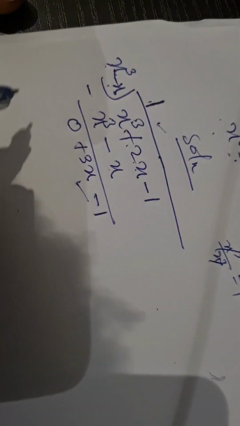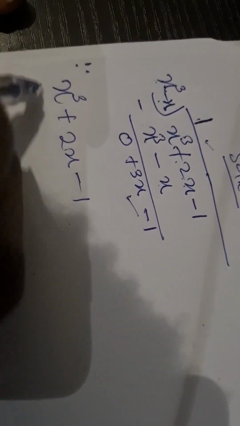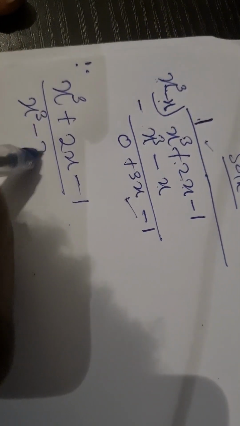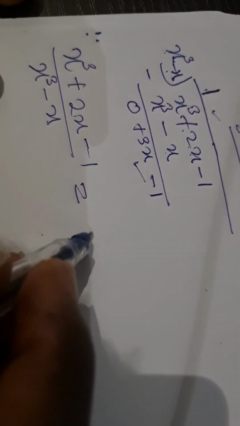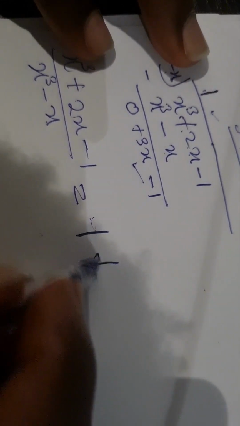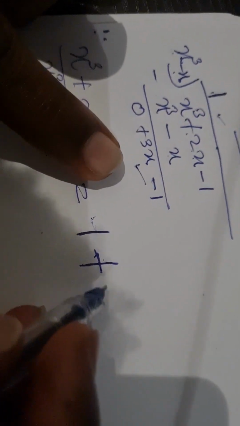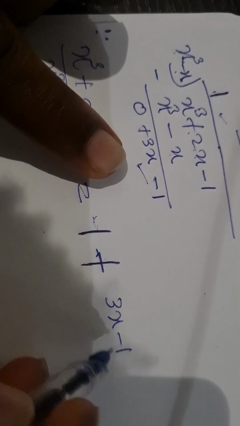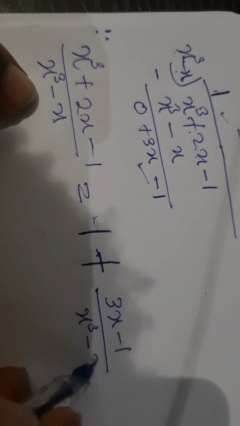So therefore, we now have that (x cubed plus 2x minus 1) all over (x cubed minus x) is equal to 1, plus what we got here, which is the remainder, 3x minus 1, over the denominator, x cubed minus x.